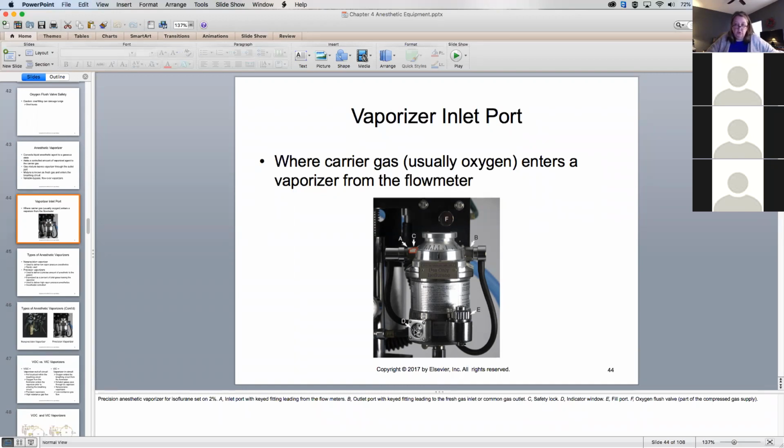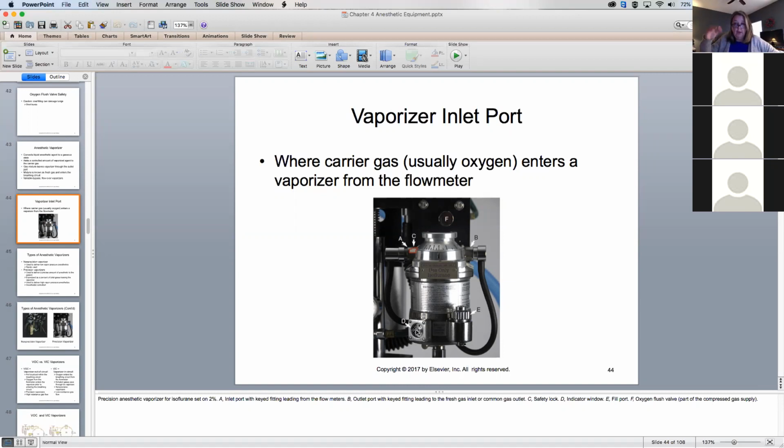And then letter D is your fill indicator window, and that tells you how much liquid you have. You want it somewhere, it could be in the middle. When you fill it in the morning as a student, part of your job is to fill your vaporizer and check your machine. There's a little bar at the top, it's hard to see, but there is a full line.